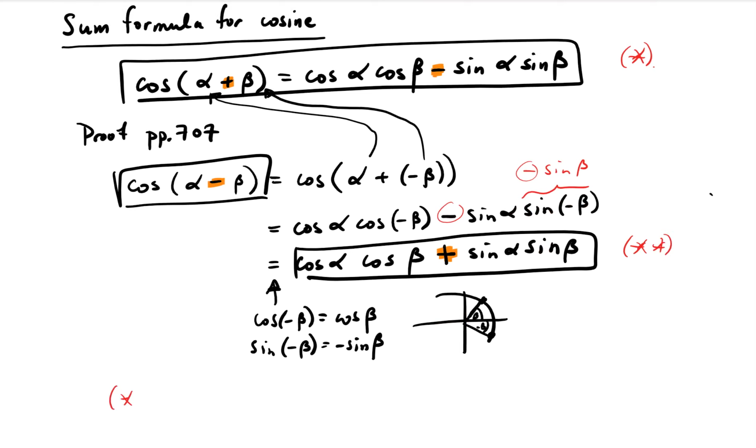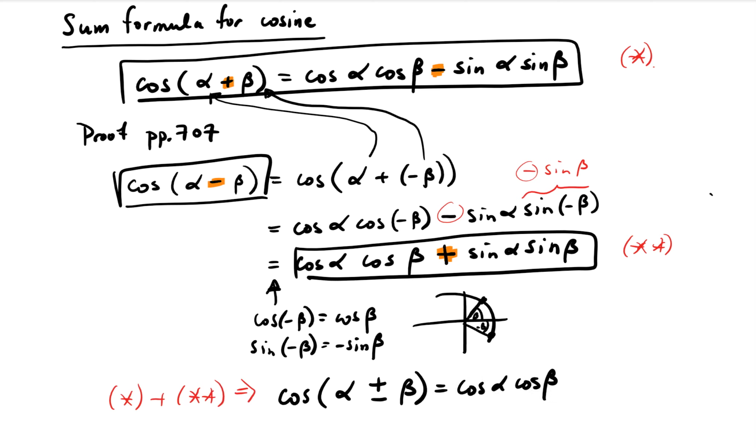If I do star plus star star together, that gives me that cos of alpha plus or minus beta is going to be cos alpha, cos beta.